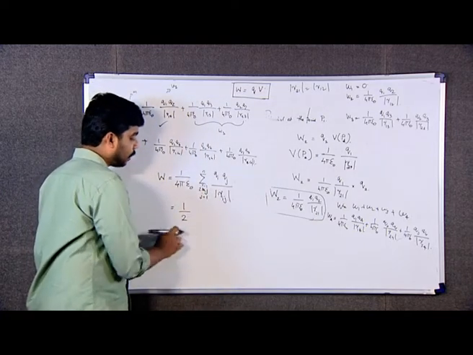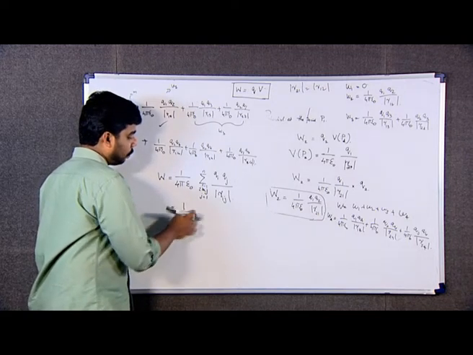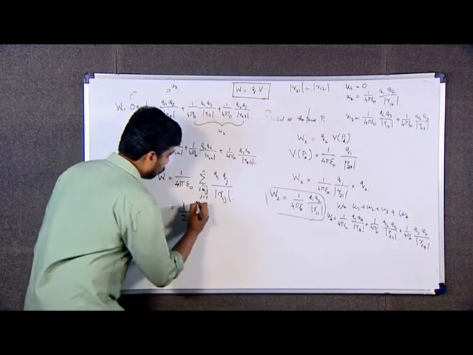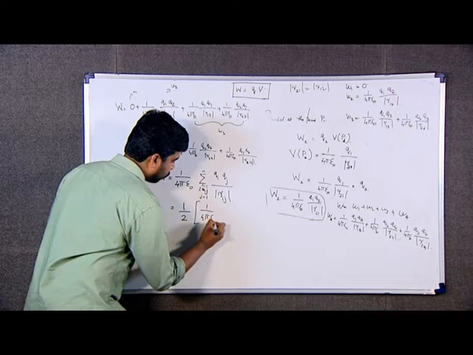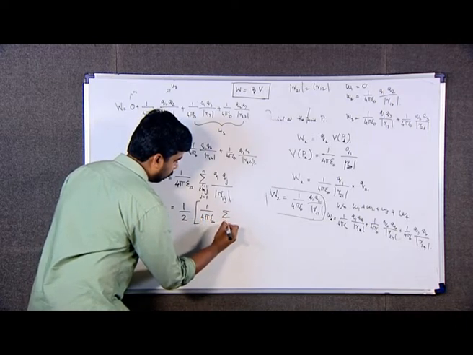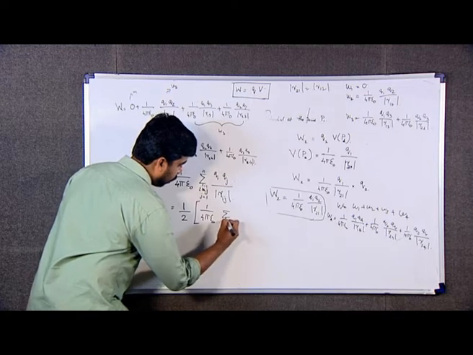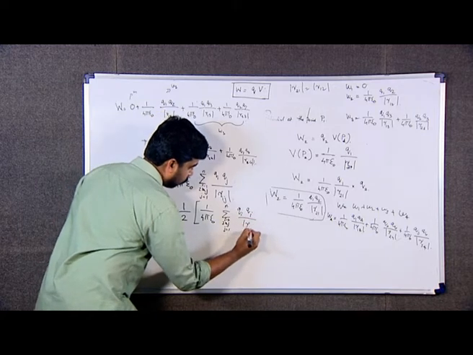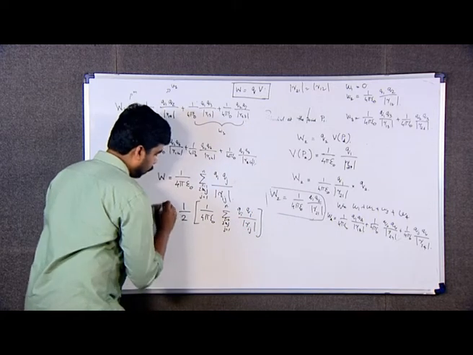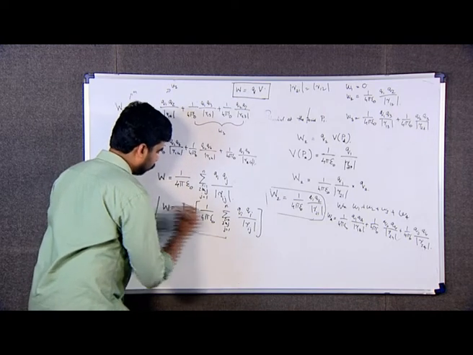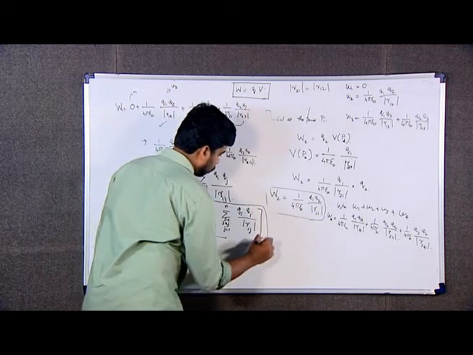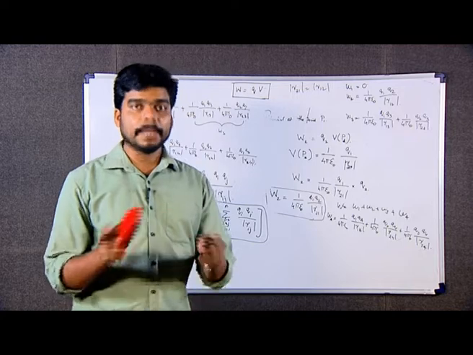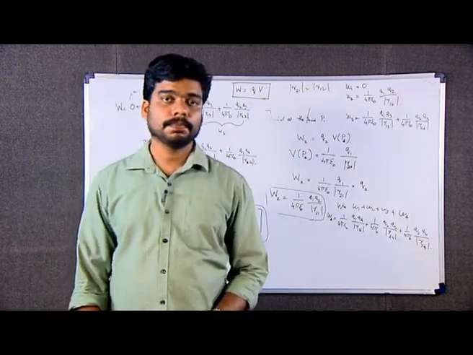So, W is equal to half into 1 by 4 pi epsilon 0 sigma, i is not equal to j, i equal to 1 to n, j equal to 1 to n, Qi Qj by modulus of Rij. This is the work done in assembling n number of discrete charges to a region, not at a point, to a region.